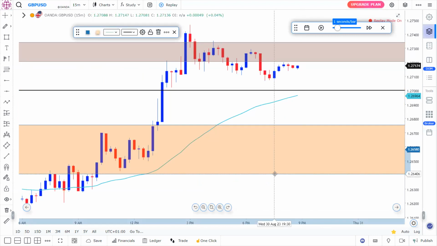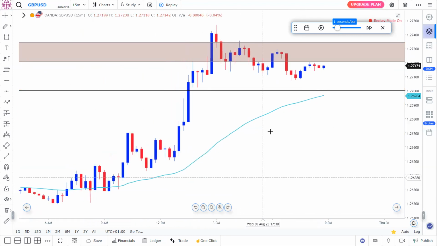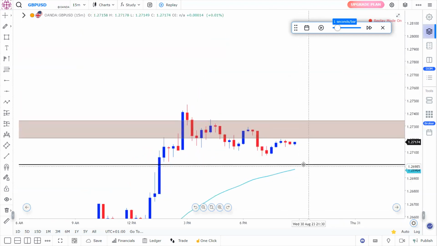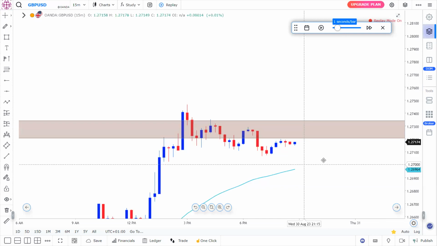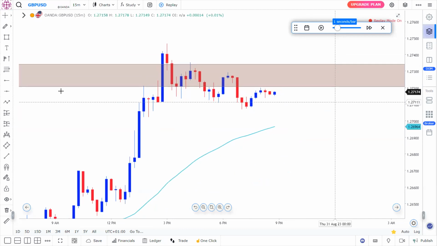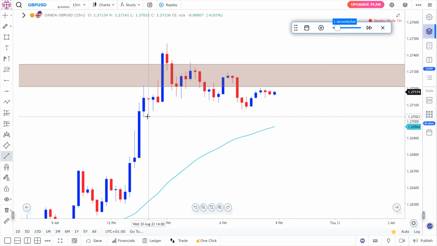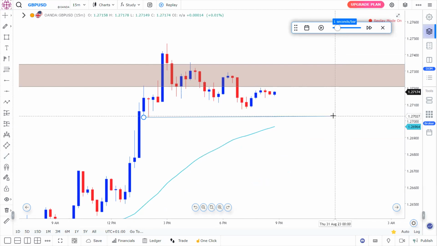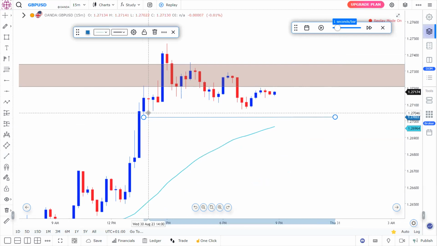Let me take out this weekly level, as we would not be needing that anymore. And then also moving down to the 15 minutes time frame. Now this is where I needed to see a shift of the market structure, with this being the previous higher low that led to this higher high.